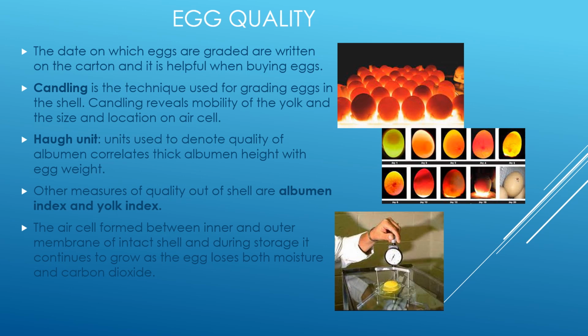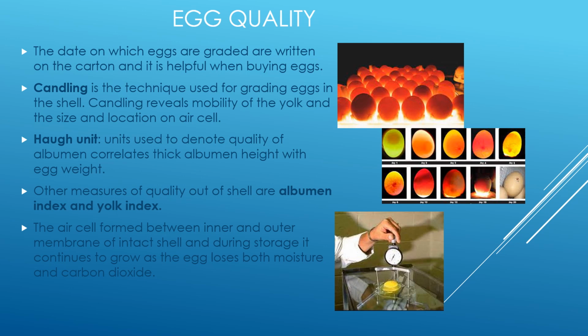It is based on observing the eggs in silhouette while they are rotated. This process reveals mobility of the yolk and the size and the location of the air cell in silhouette. In an egg of high quality, the yolk is centered and shows limited movement when the egg rotates.